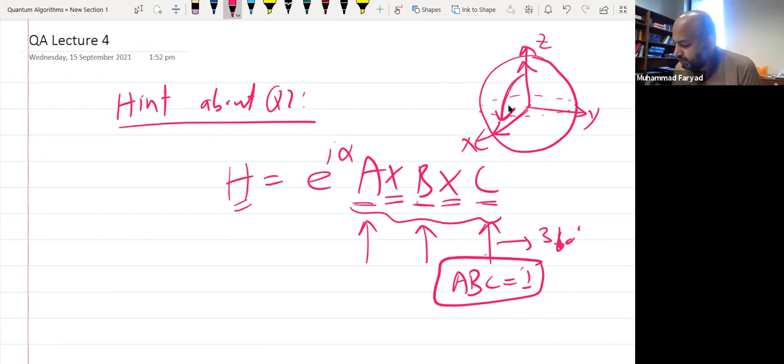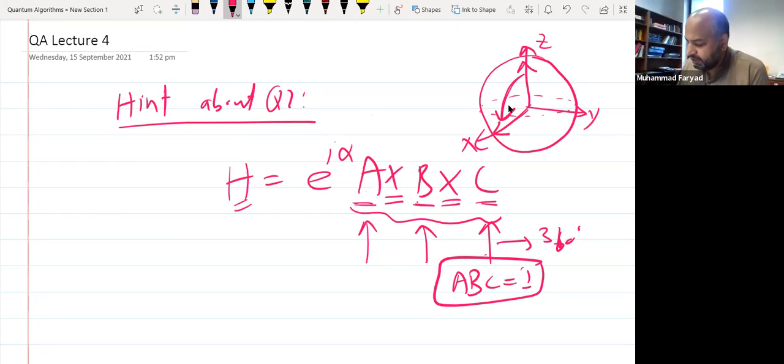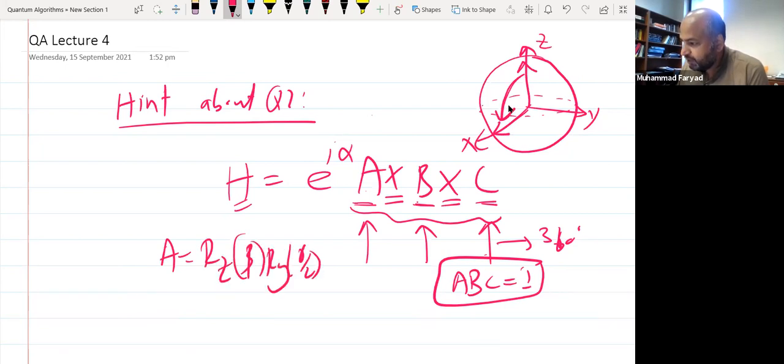That's a different construction, in the sense that then you will have to relate those rotation matrices to ABCs via the relations given in that section. You remember there, if I go to that, there's a particular relation that A is equal to RZ of beta RY of gamma by 2.